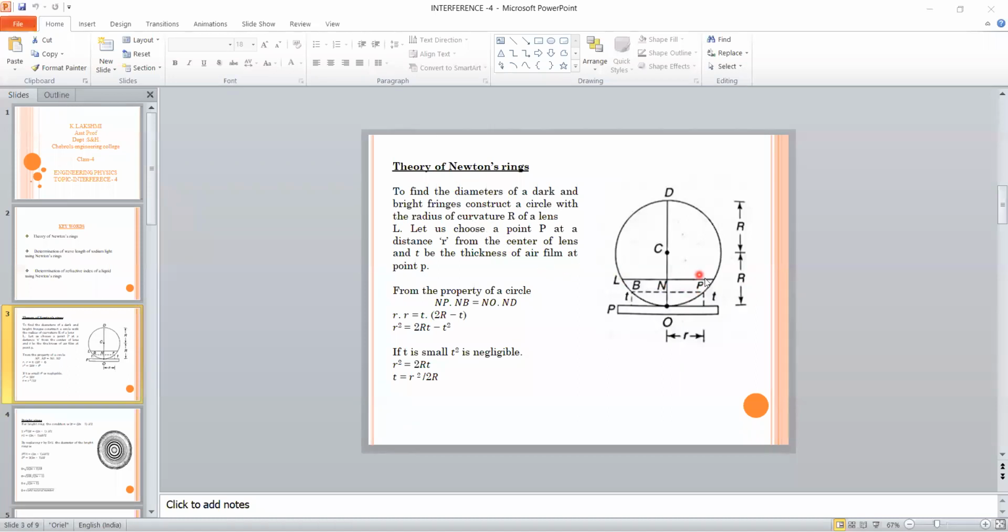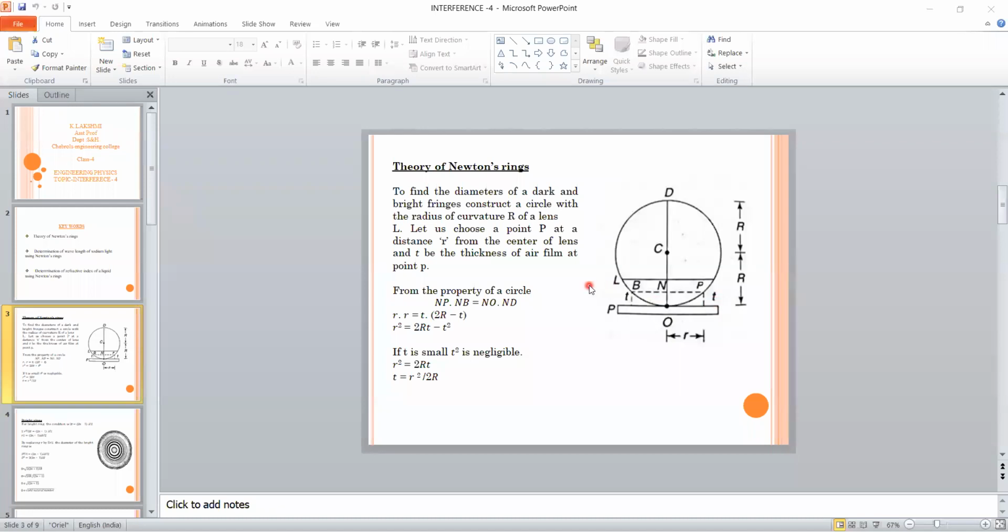Now at point P, this point P is at a distance small r from the point of contact O, and at point P, the thickness of the air is small t. Now, what is our aim?